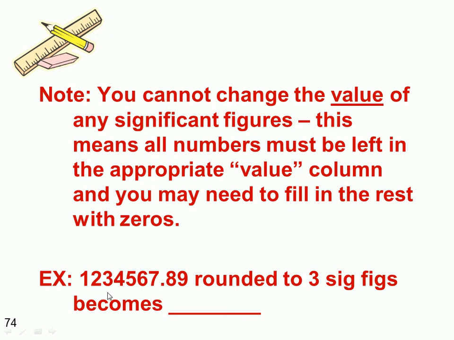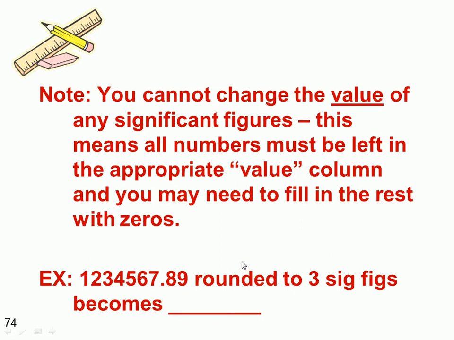But if you just wrote 123, that is not the same value as this number, 1,234,567.89. Just imagine, if this is your bank account and you asked a teller to estimate how much money you had in your bank account to 3 sig figs, if they said 123, that's not the same thing and you'd be really upset.